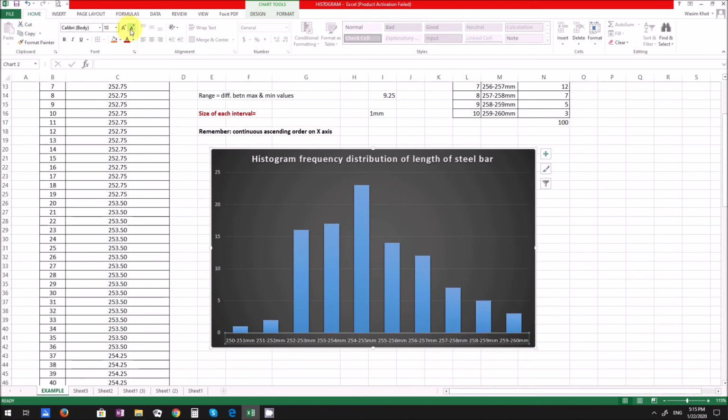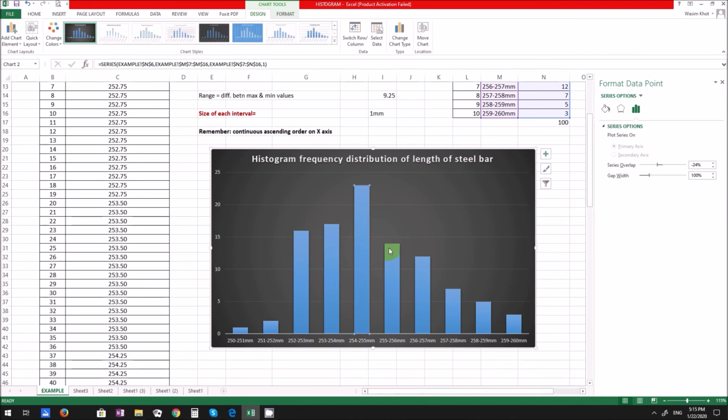So traditionally the bars are close to each other. So let us reduce the gap between the bars. Click on those bars and reduce the gap width, make it 0, or let's say 2%.